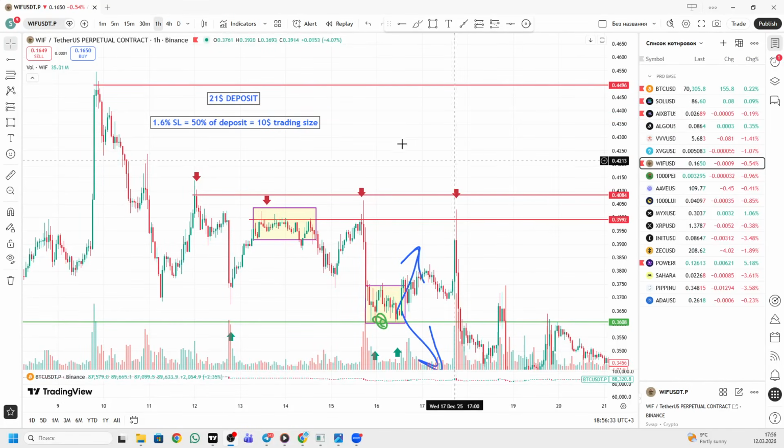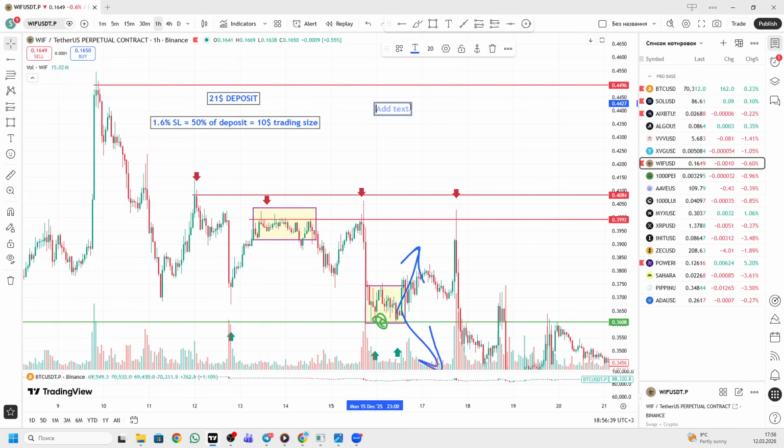Okay, now I want as well, for you not to be confused, to write down this thing. Okay, as we said, about $10. We have 50% of our deposit. It's $10, right? So let me write it like this. On Binance, you have to split. Do you remember? You have to split your trading size.